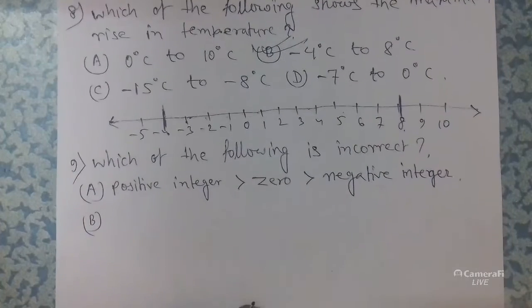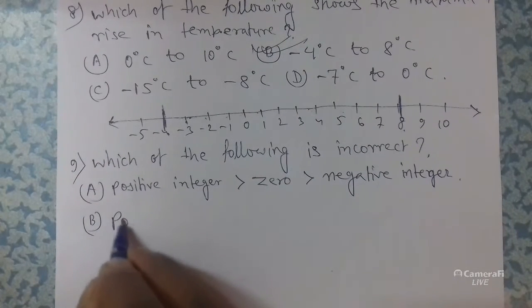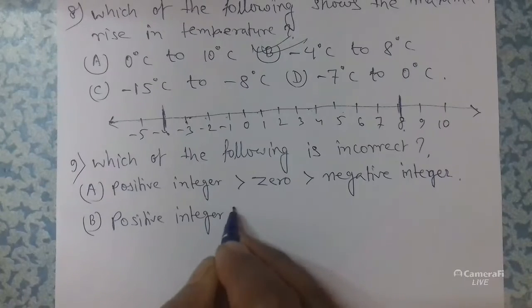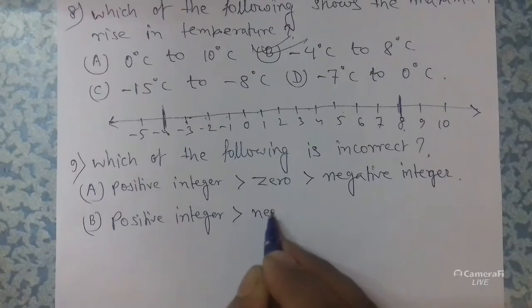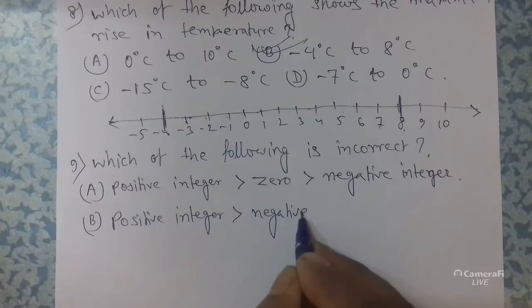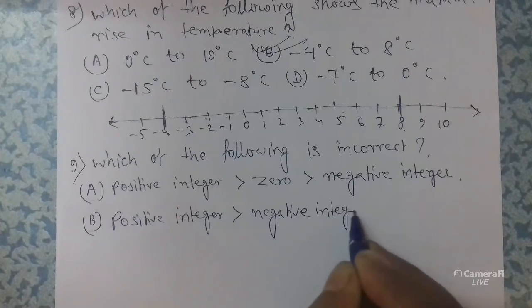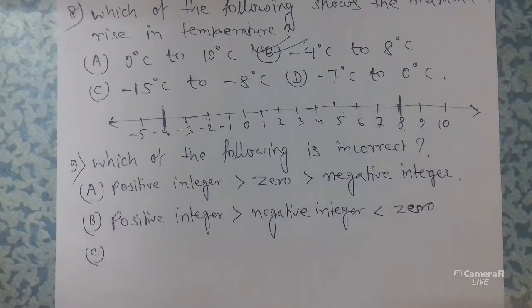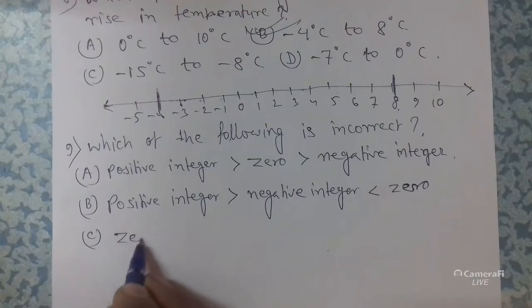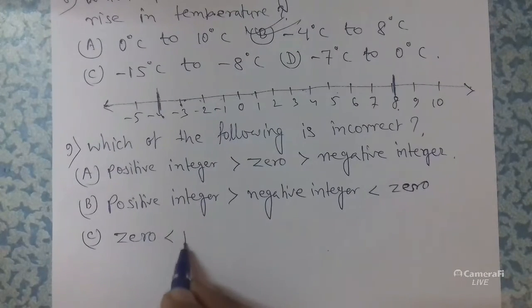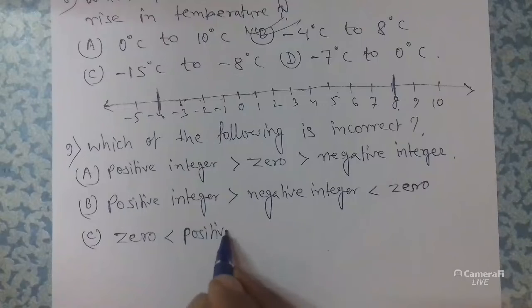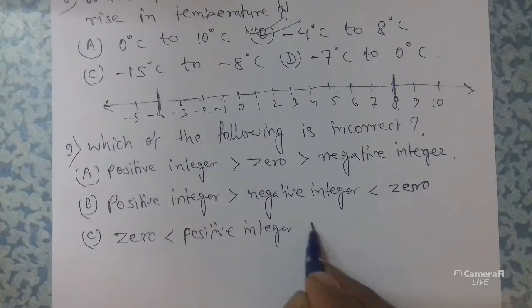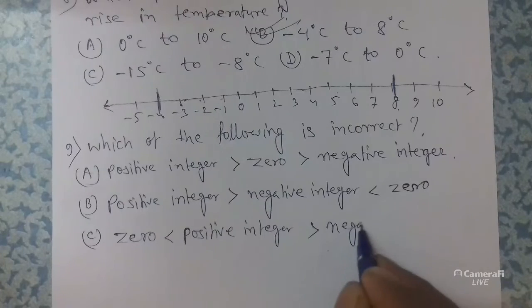Option B is positive integer greater than negative integer less than 0. Option C is 0 less than positive integer greater than negative integer.